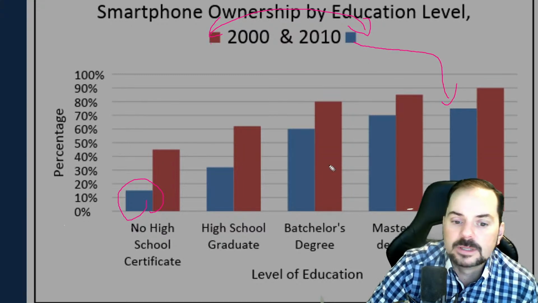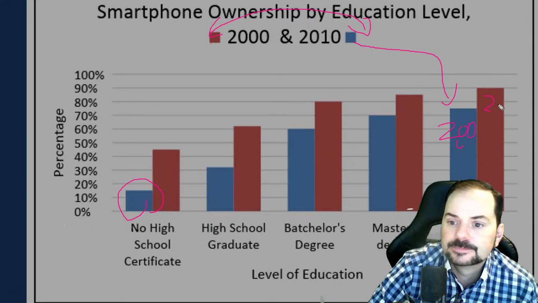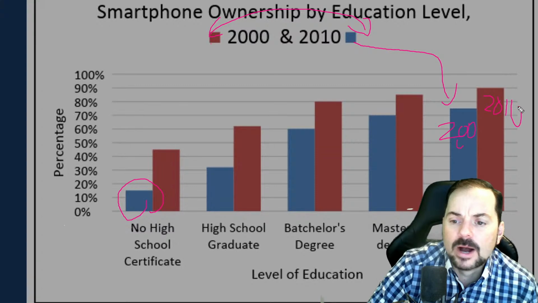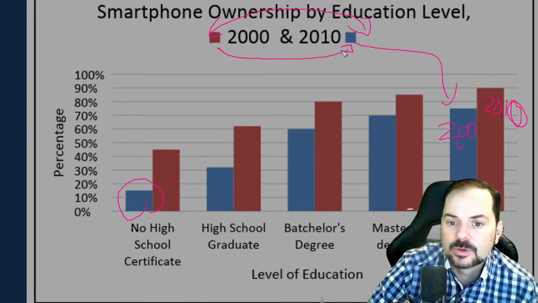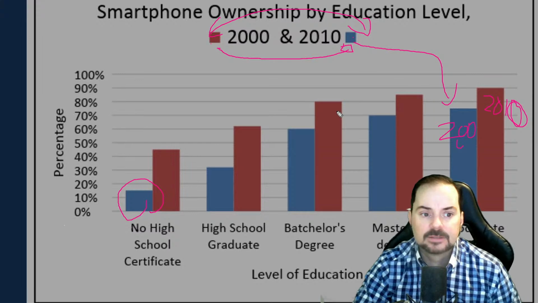The blue should be 2000 and the red should be 2010. So why do I know that here we've got a mistake with the legend, where the blue should be 2000 and the red should be 2010?